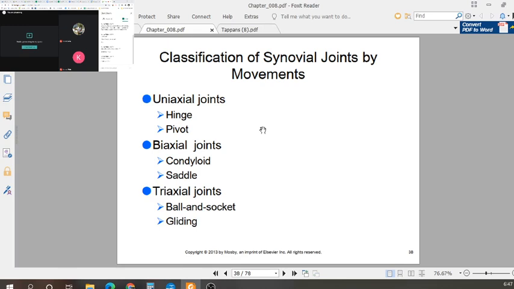Uniaxial is a movement that only happens in one plane, in one axis. Condyloid, biaxial, of course, two planes and axes. Condyloid and saddle are those type of joints. And triaxial is the ball and socket or gliding joints.